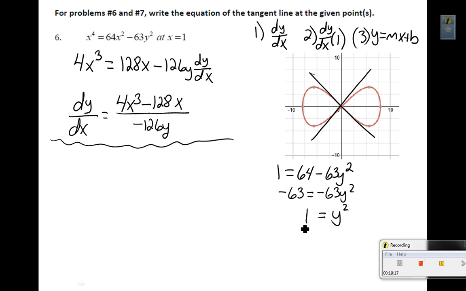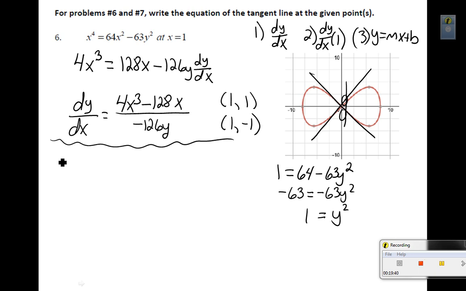So looks like I'm going to have 2 different y values. When x is 1, y could be 1. When x is 1, y could be negative 1. So 2 different points showed up, which makes sense if you look at the graph. When x is 1, I've got 2 different values I could work with.